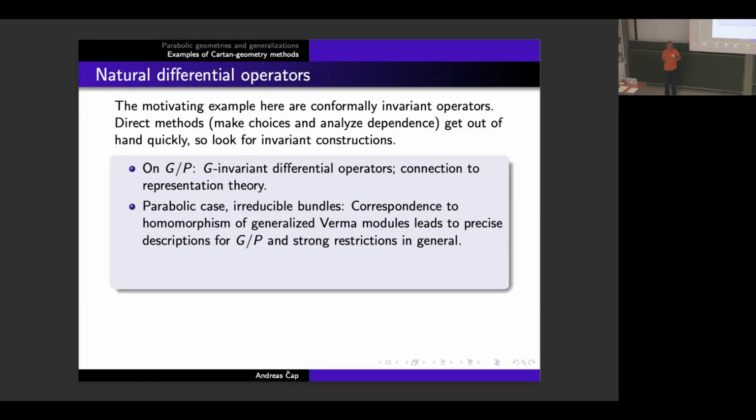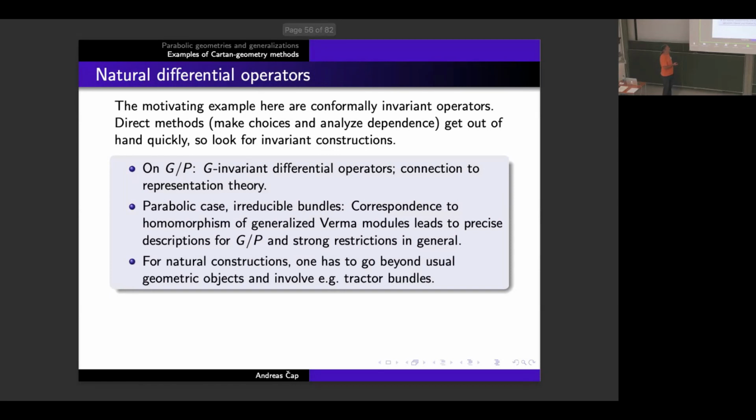You have to leave the geometric structures that you are used to, because there's nothing there. You cannot hope to get some construction there. Therefore you have to go to more general geometric objects which are provided by Cartan methods and tractor methods and things like that.